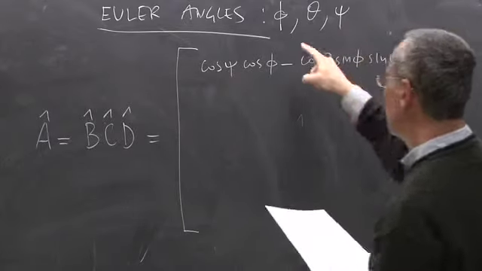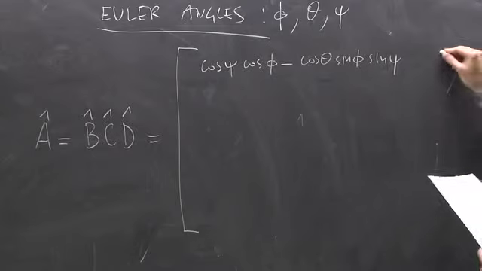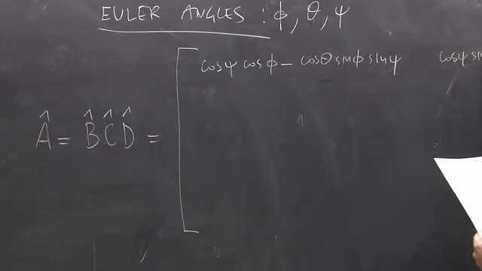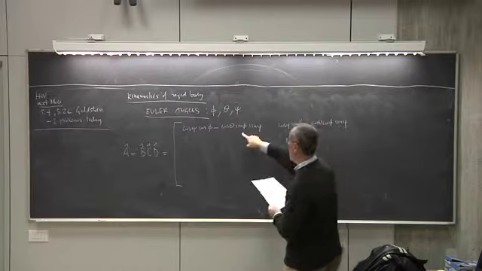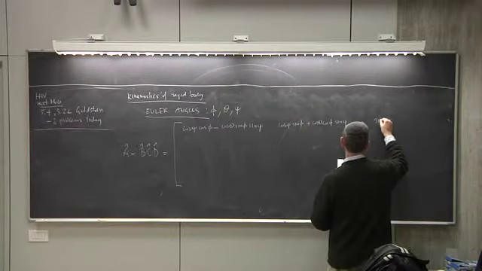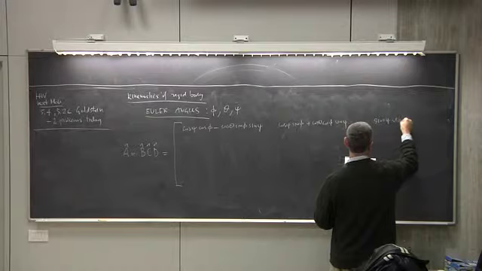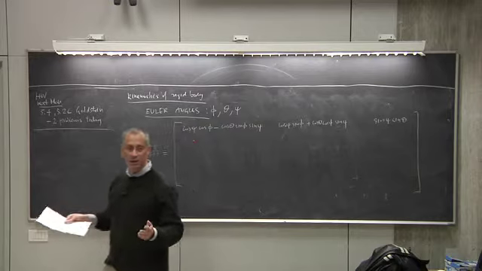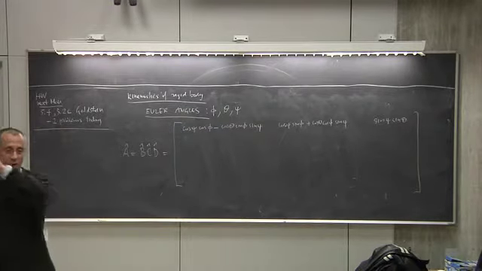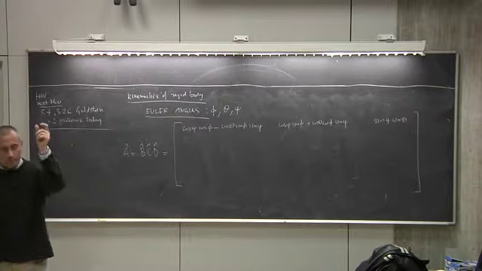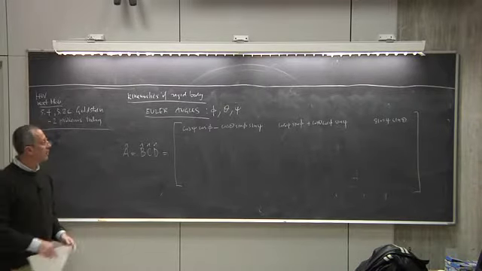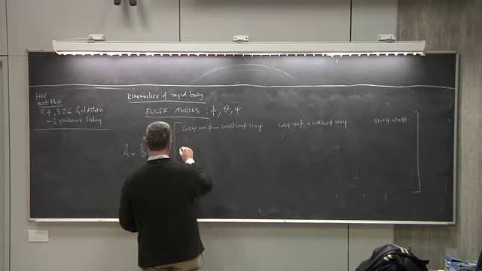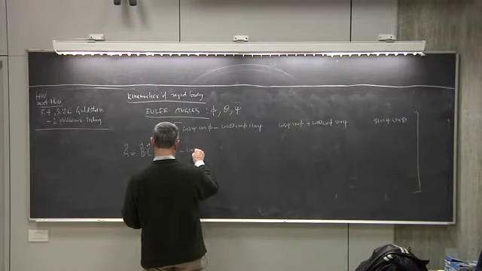So this is just the 1-1 entry. So 1-1, 1-2, 1-3. And well, you know that it is complicated because each time you multiply a matrix, you have to take a row and multiply by the column, right? So that generates a lot of terms. But never mind.